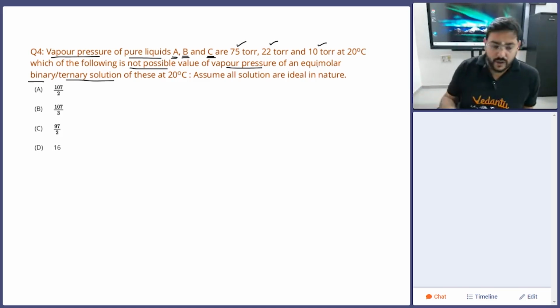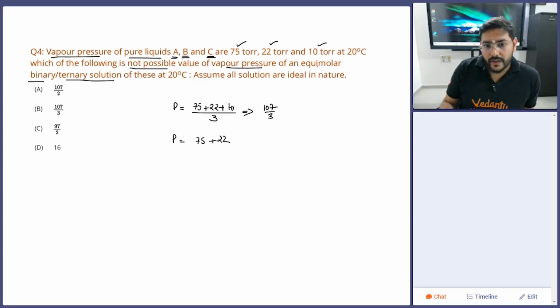When we are saying ideal solution, can we say that P is equals to, for ternary solution, 75 plus 22 plus 10 divided by 3? So what we are going to get? Come on everyone. So can we say that 107 divided by 3? Yes everyone. For binary, if we say 75 plus 22 divided by 2, that will be 97 divided by 2.